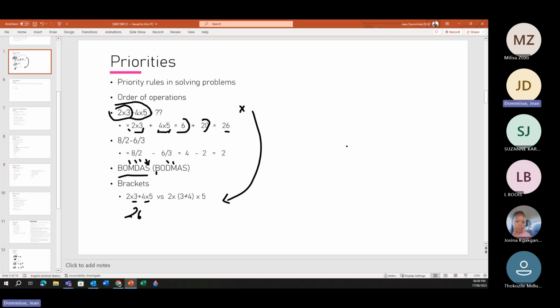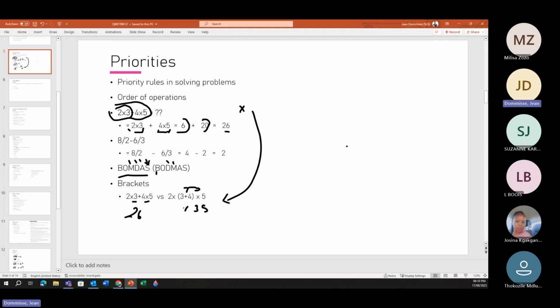But look as if there were brackets first. Then one needed to work out the bracket first, which is 7. So 3 plus 4 is 7. Then it doesn't matter which one you multiply. If you multiply with a 2 or if you multiply with a 5 first, it doesn't matter. So 7 times 5 would have been 35.